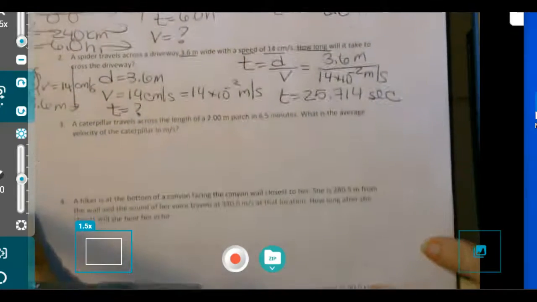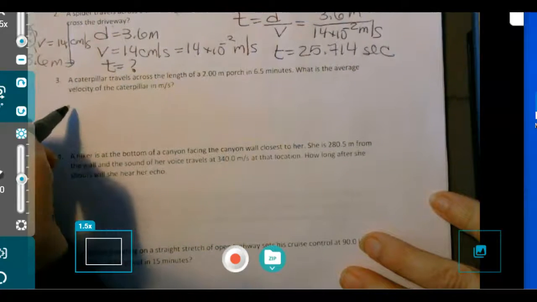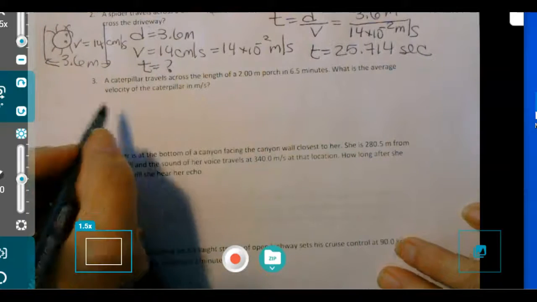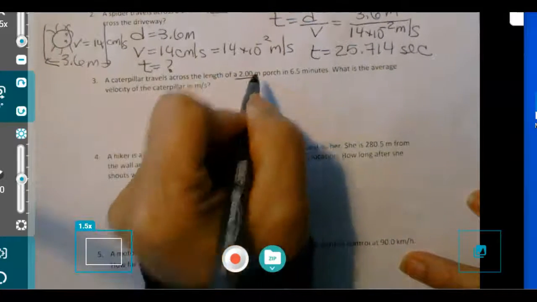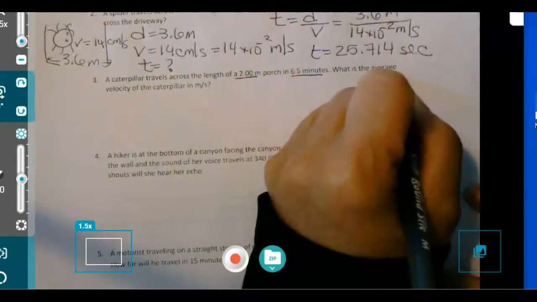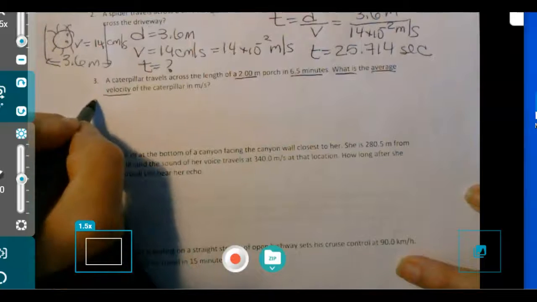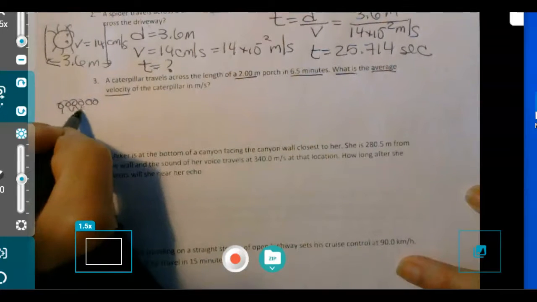Okay. Next problem. A caterpillar. Oh, I think you can see my drawings. There we go. A caterpillar travels across the length of a 2-meter porch in 6.5 minutes. What is the average velocity? So, I got my little caterpillar with all its legs.